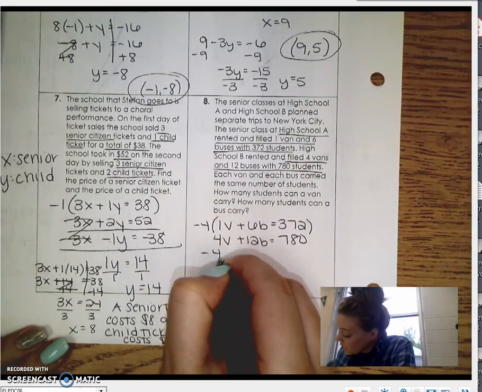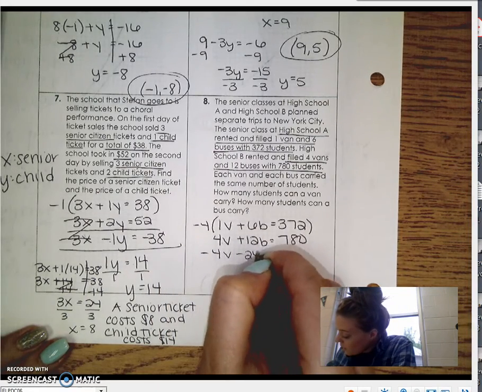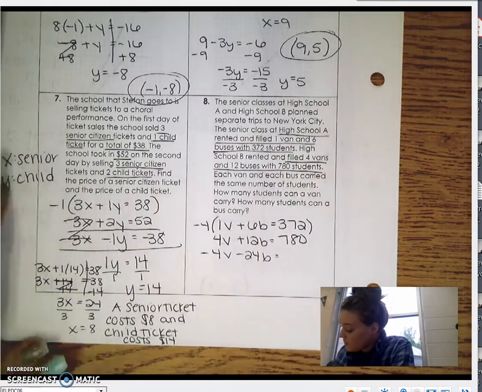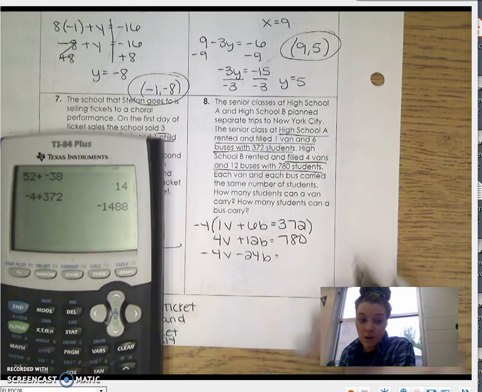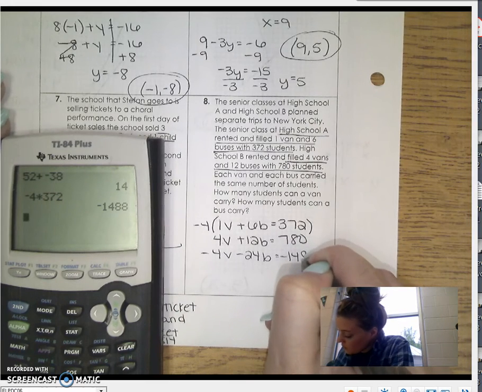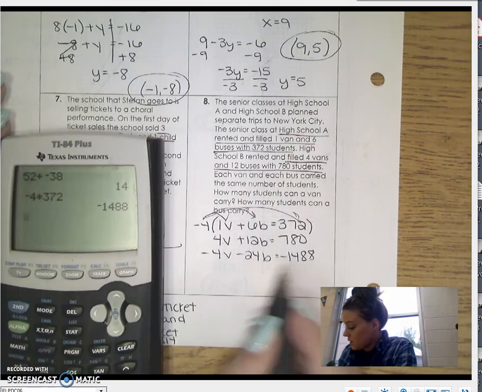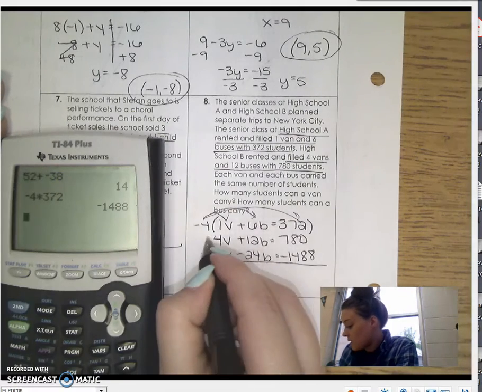So I get -4v minus 24b equals -4 times 372, -1,488. So I distributed this -4. Now I'm going to add straight down.